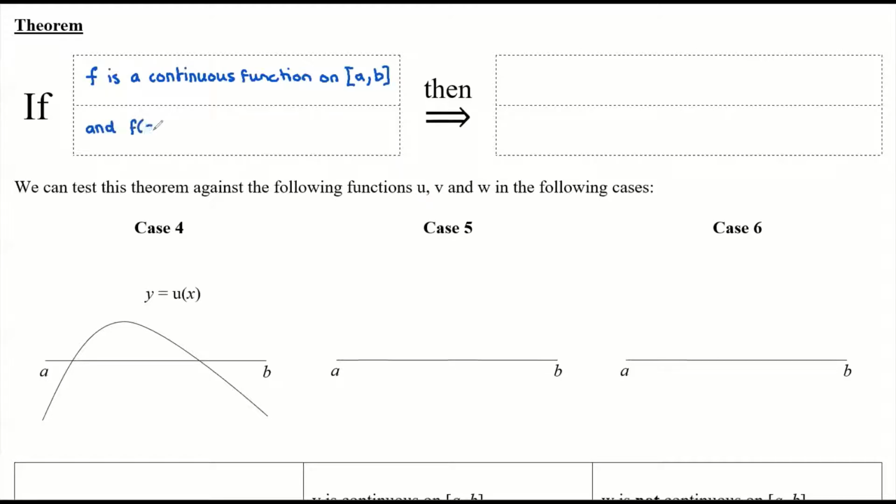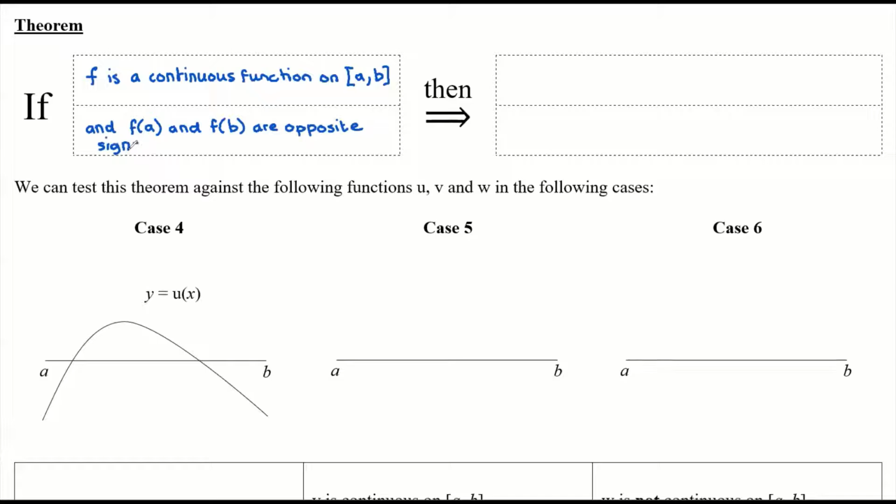f of A and f of B are opposite signs. So we notice that we could have f of A is positive and f of B is negative, but there's nothing stopping us having it the other way around, where f of A is negative and f of B is positive, as long as they are opposite signs. And you can stress that a bit further if you want to.